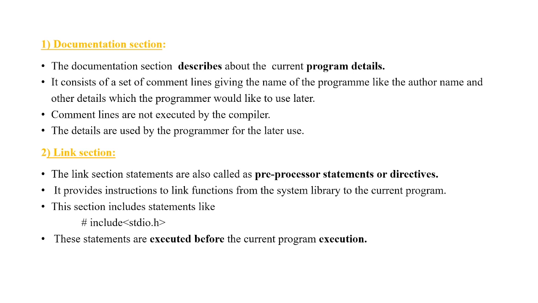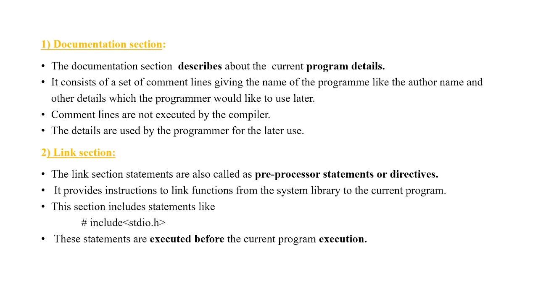The angular braces indicate that the compiler should search the standard input output header file in the root directory and include the information in the current program. And these are executed before the current program execution begins.